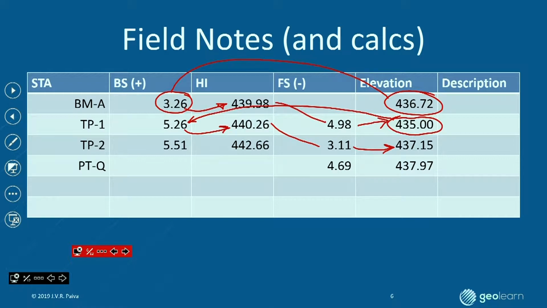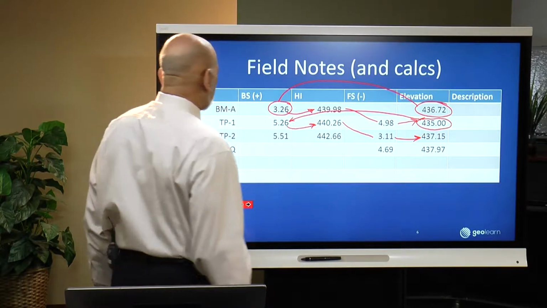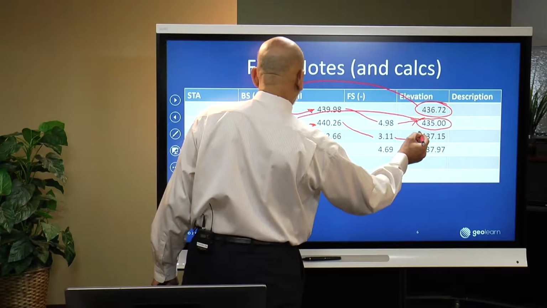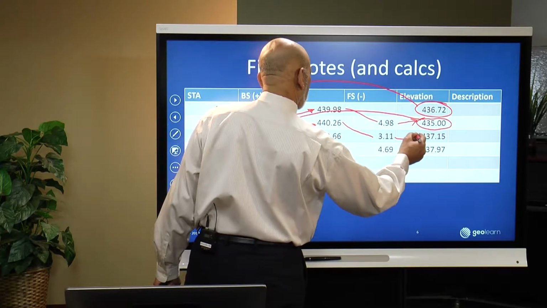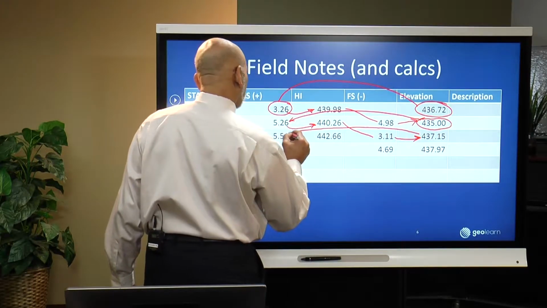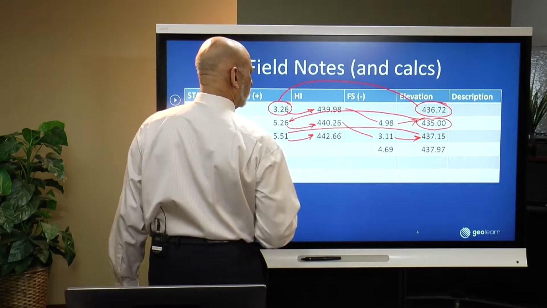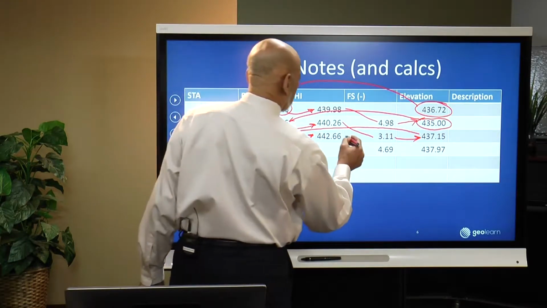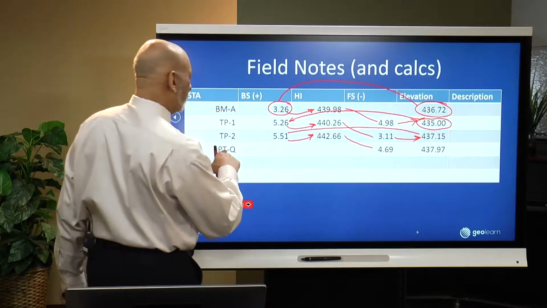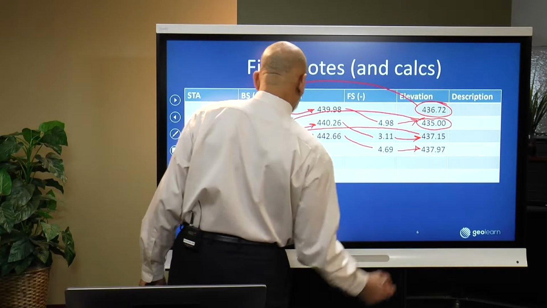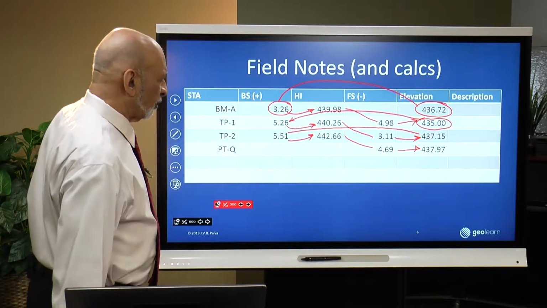Once we've taken the foresight on turning point 2, now we can move up to our last setup, and we backsight turning point 2, and we get 5.51. So we add these two numbers together, which then gives us 442.66. And I subtract the 4.69 because I'm now looking at point Q to give us our final value.